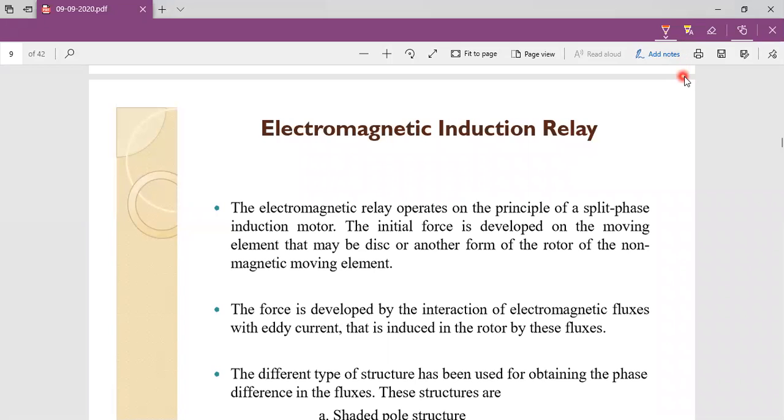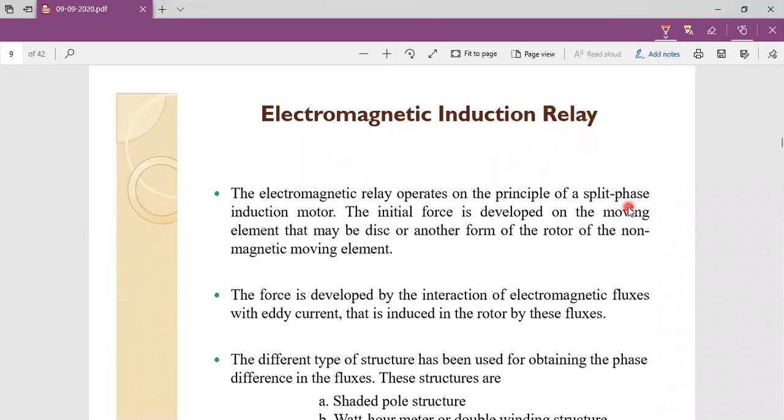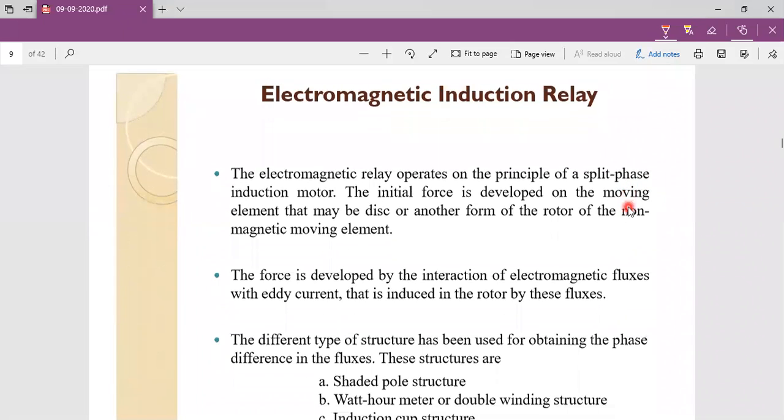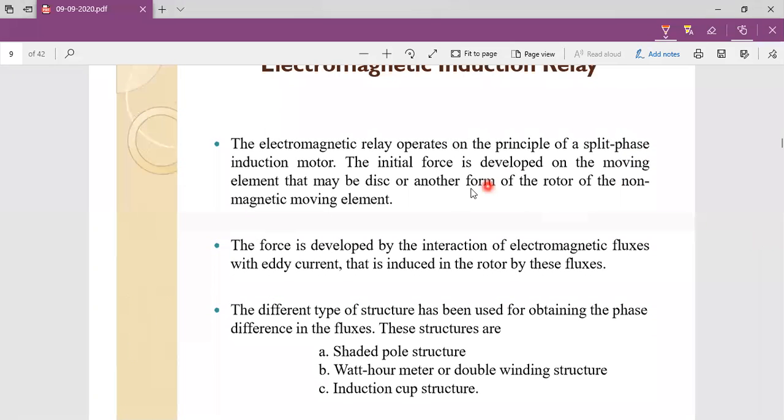Now let me see how the induction disk type relay operates, and how the induction cup type electromagnetic induction relay operates.